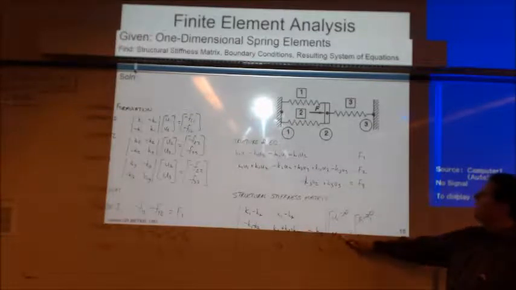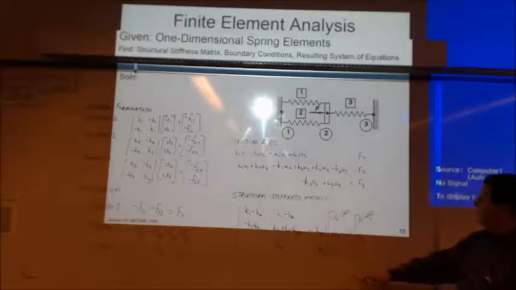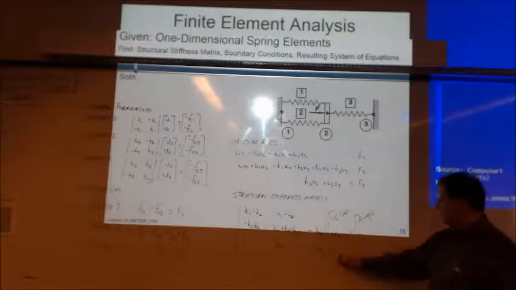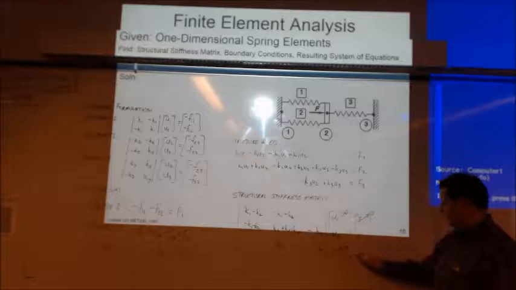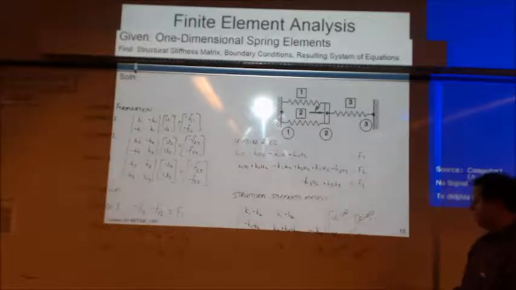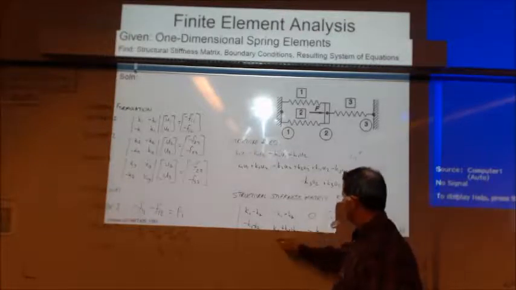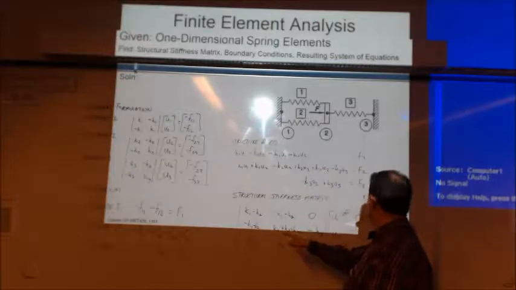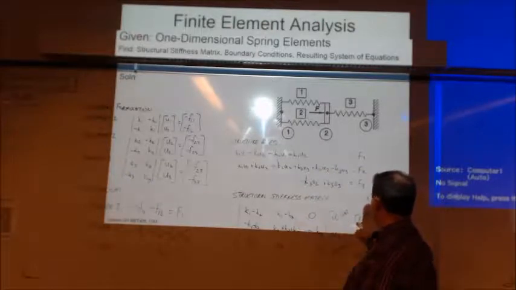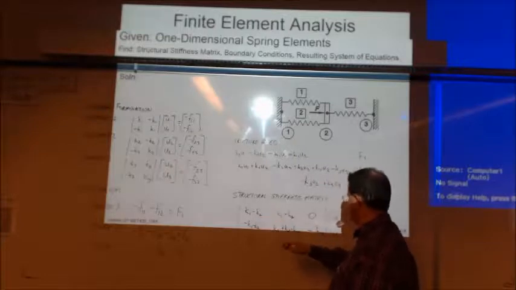Node 2 will have deflection, and there is a force. Node 3 will have no deflection, and there's no force. So that's a 0, that's a 0, this is a 0, and this is a 0. So this row is going to go to 0, right?